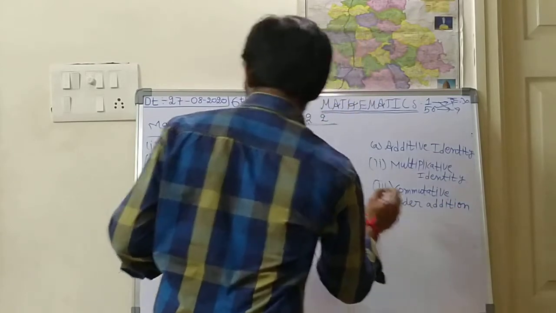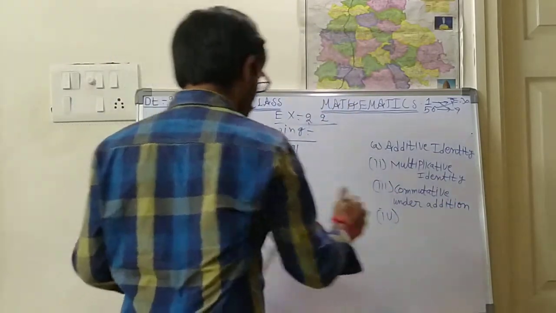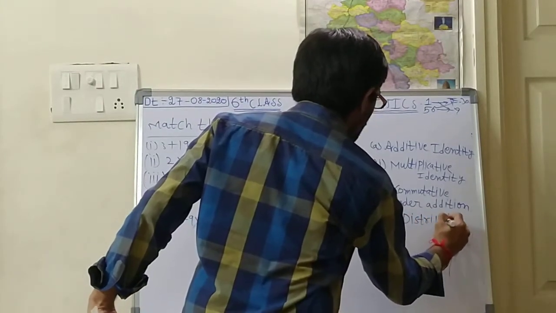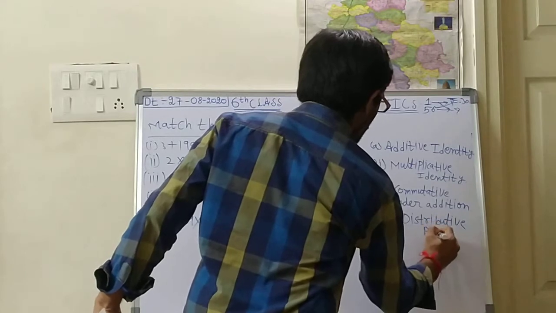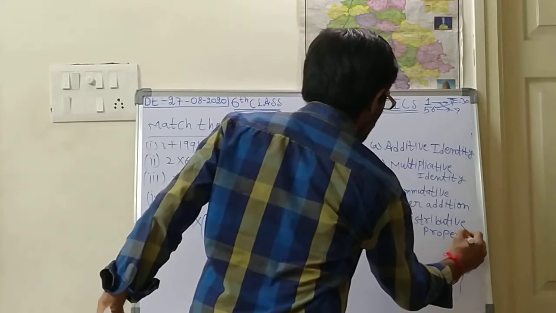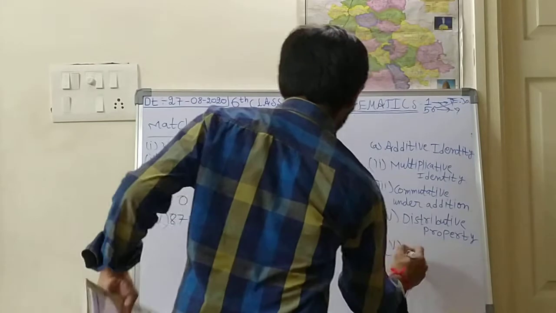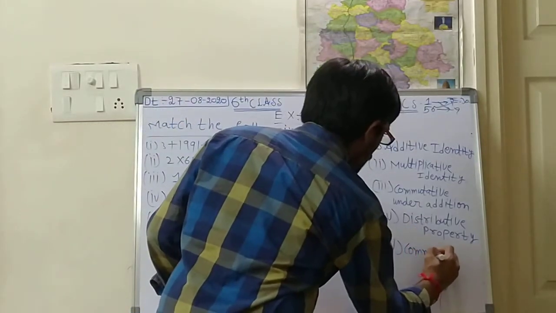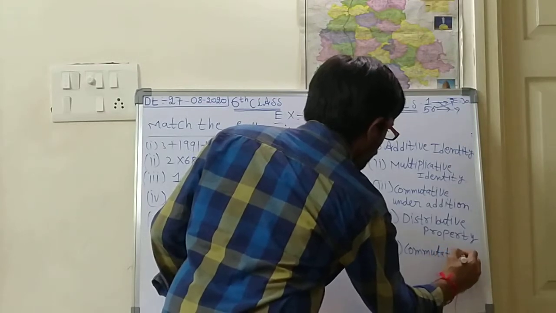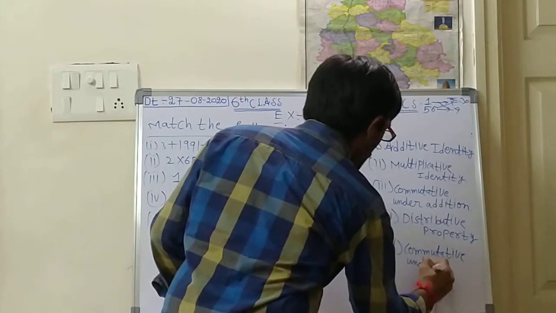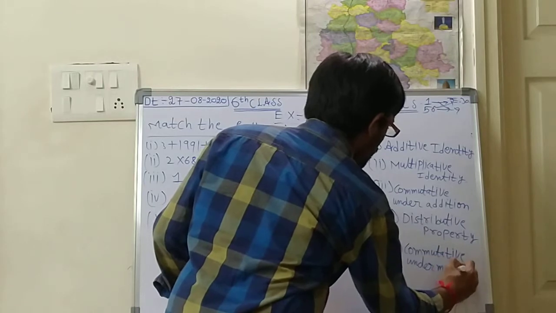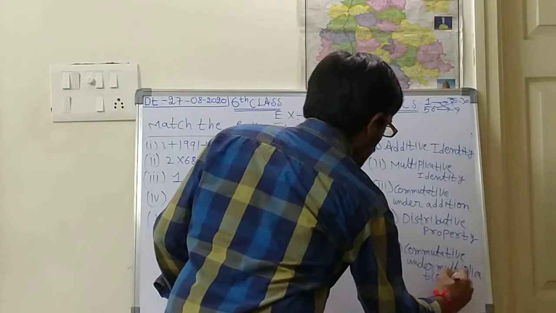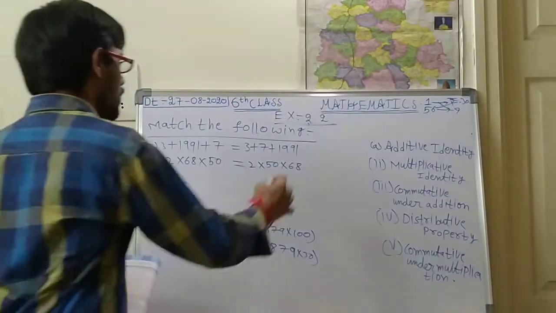Next, fourth one is distributive property. Next, fifth one is commutative under multiplication.